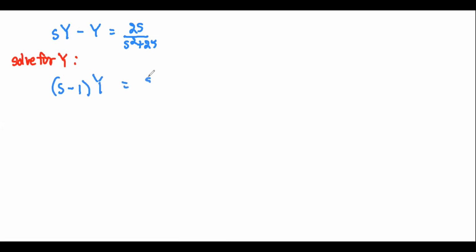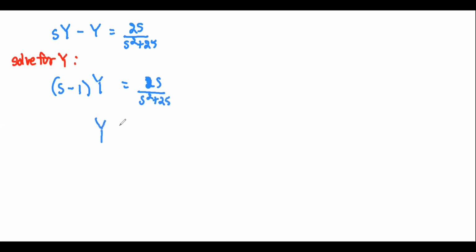So sY minus Y equals 2s over s squared plus 25, to solve for Y. Factor the Y out, so we have s minus 1 multiplied by capital Y equals 2s divided by s squared plus 25.